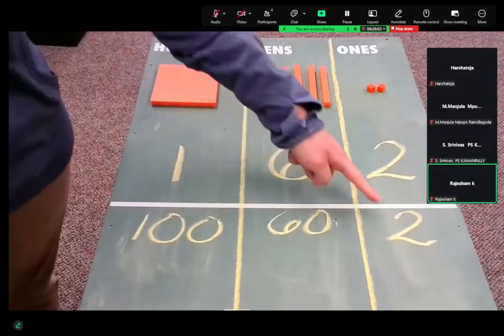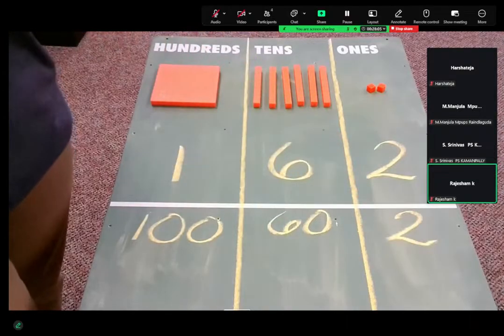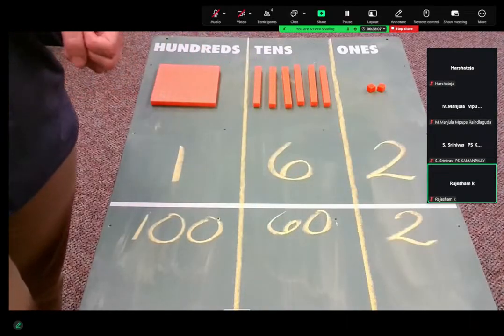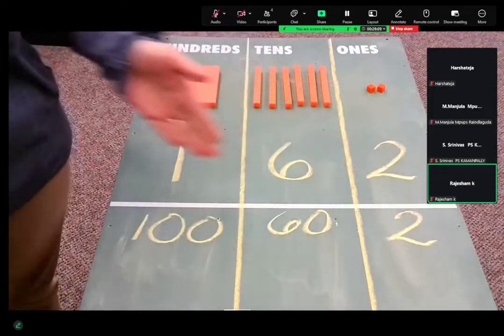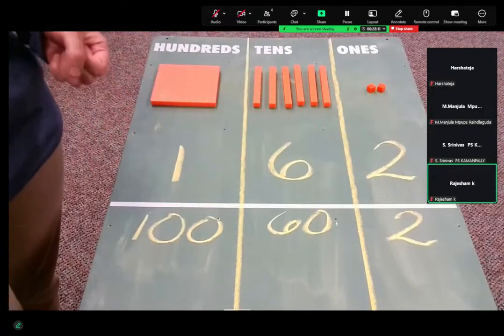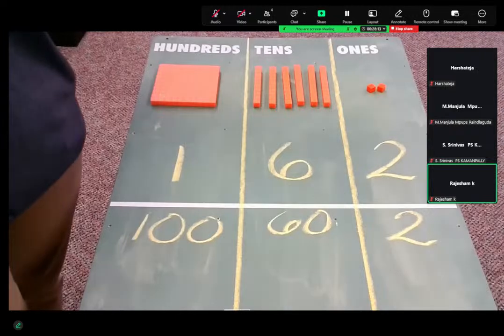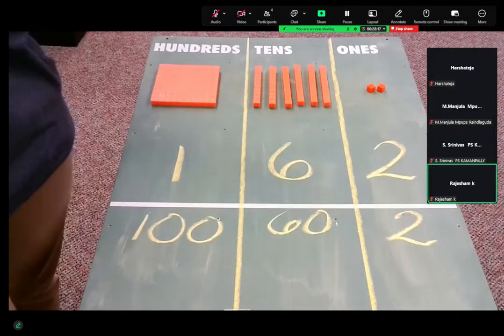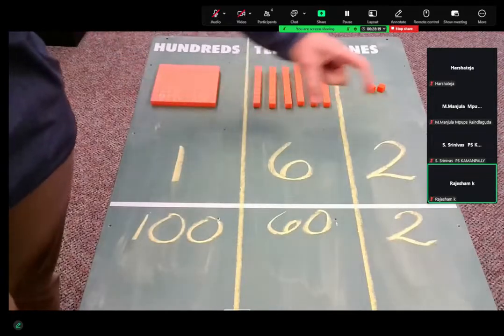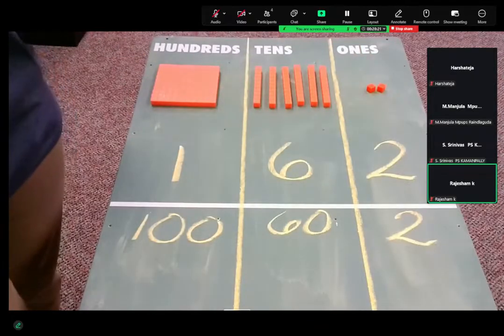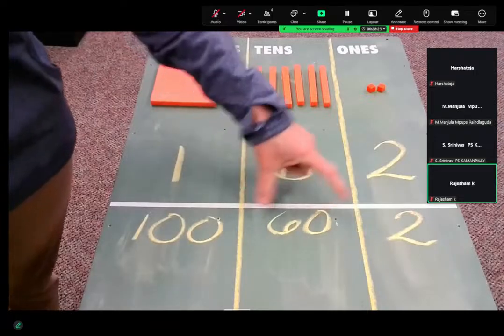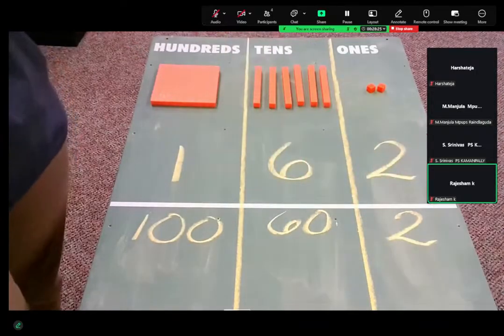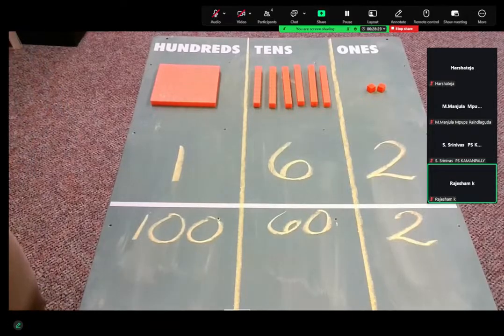Remember what we called it last time, it is not only just showing the value, it is the expanded form. And I'm showing what each block is worth. So now it might make a little more sense when I see the 1, the 6, and the 2. It's a 162. All right, hold tight, folks. We got one more example.